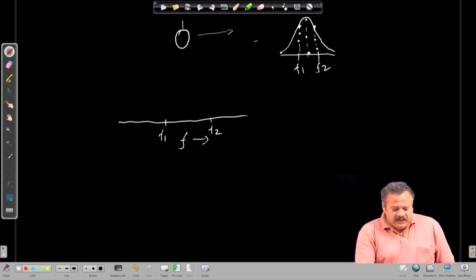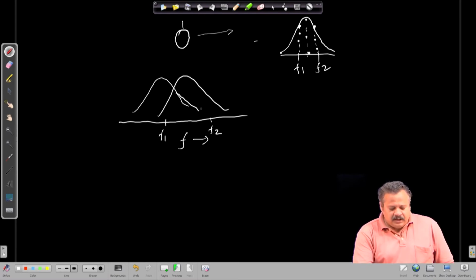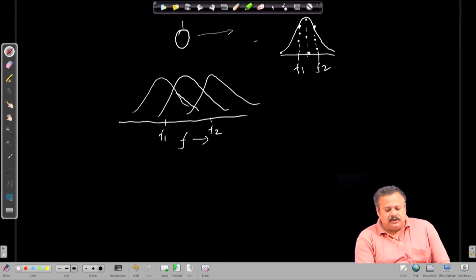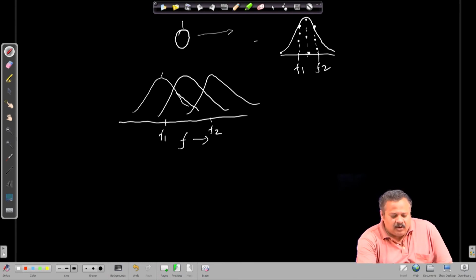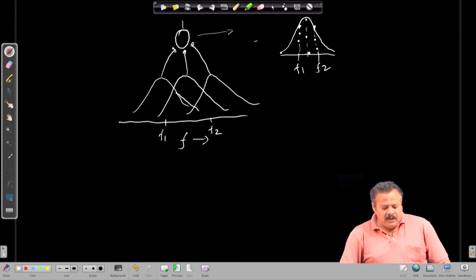And so, let us say there is a neuron at a lower stage that is tuned in this manner, there is a neuron at this stage that is tuned in this manner, there is a neuron at this stage that is tuned in this manner, and so on. So, now let us say all of these three are providing inputs to this same neuron.